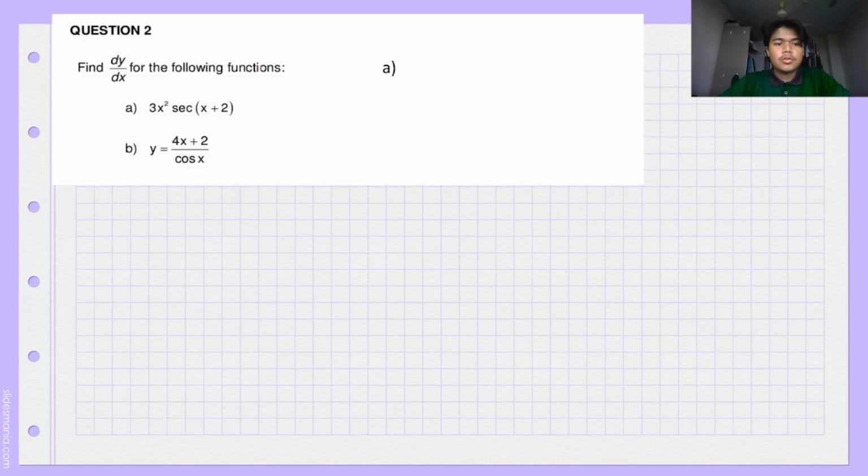Okay, thank you. For question 2a, it was given to us 3x squared sec bracket s plus 2. So the u, we take the 3s2 as u. U equals 3s2, we differentiate it to 6s.